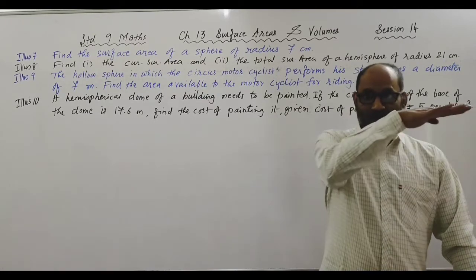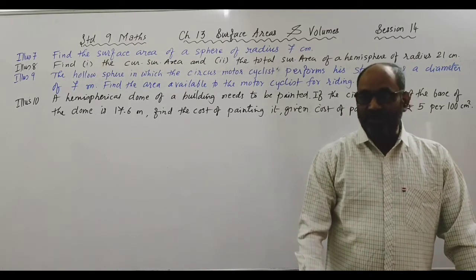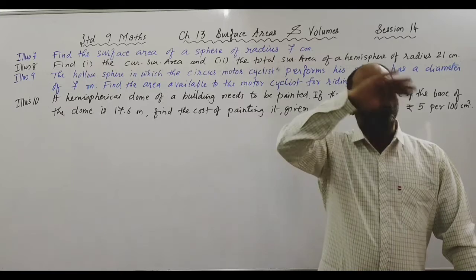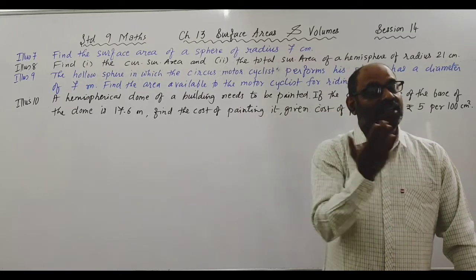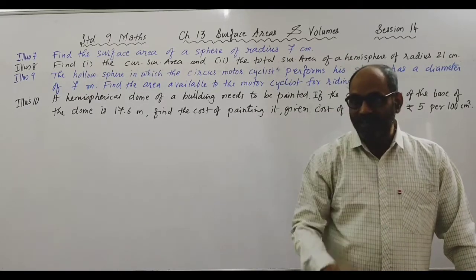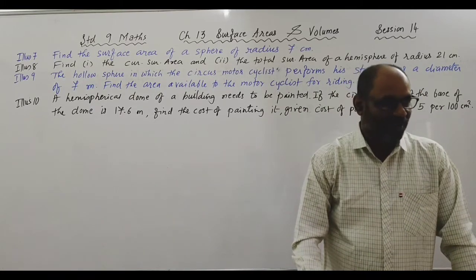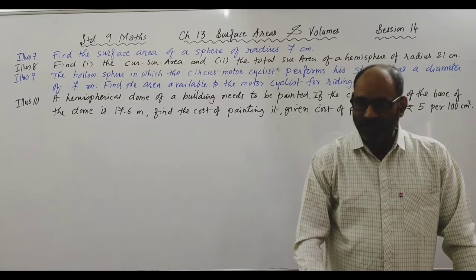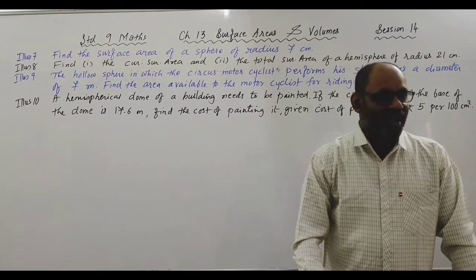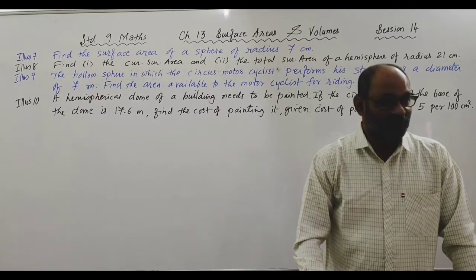But if it is a solid hemisphere, it will have a curved surface as well as a circular bottom surface, or circular top surface if turned upside down. So you have curved surface area of hemisphere as well as total surface area of hemisphere.